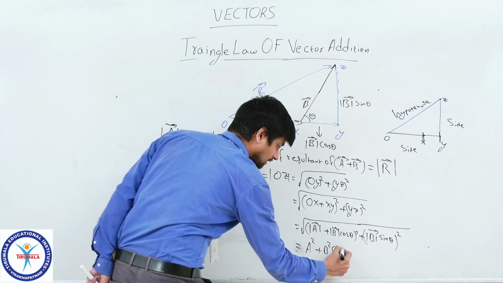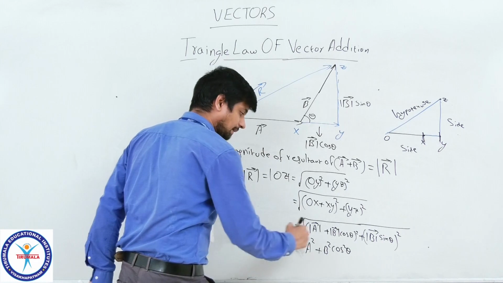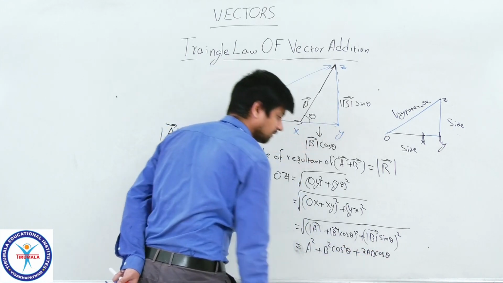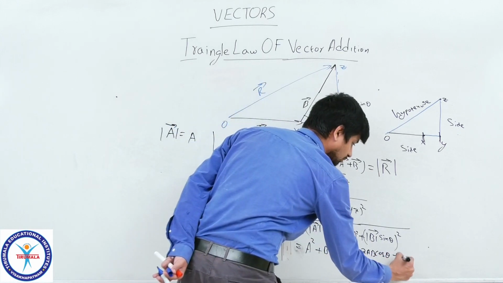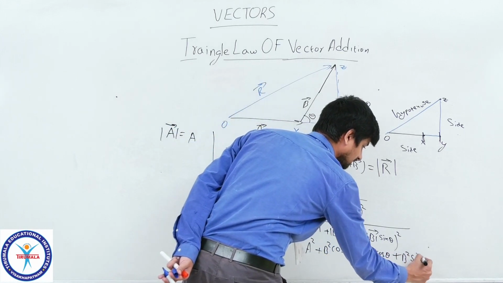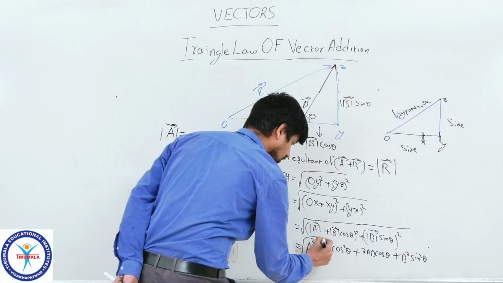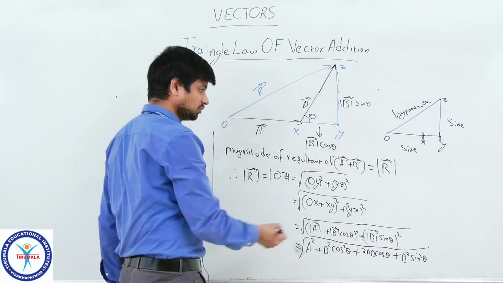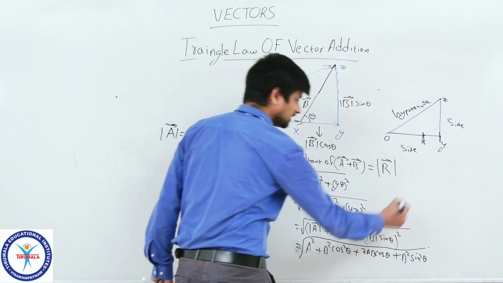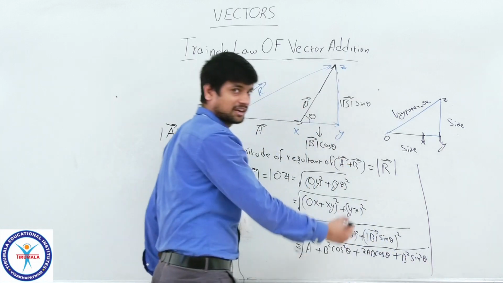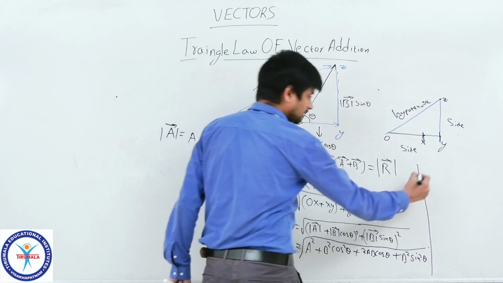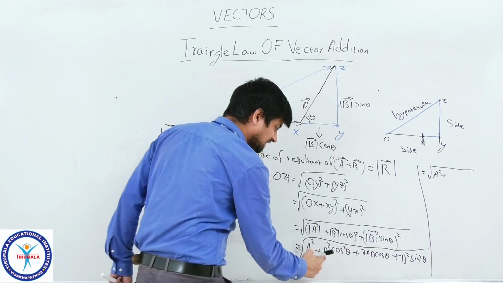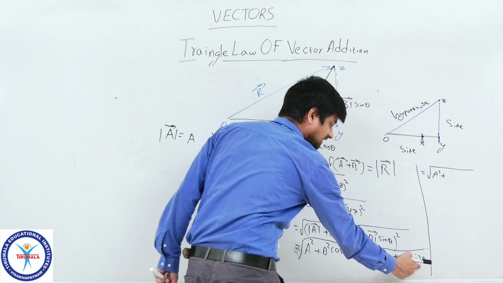So, B square cos square theta plus 2AB cos theta, and this one B square sin square theta. Apply the root. Okay. So, if you solve, what do you get, children? Here I am writing, A square plus B square cos square theta, B square sin square theta.